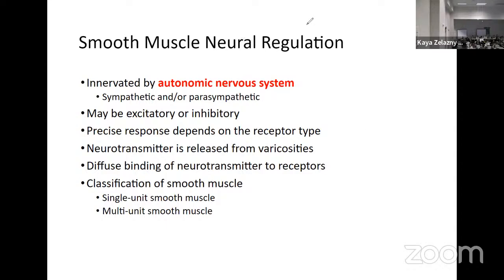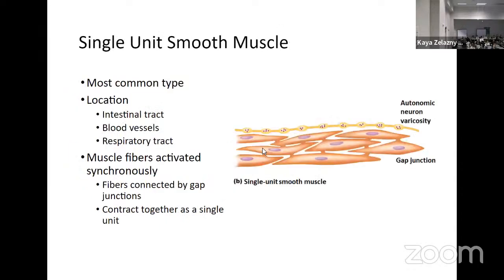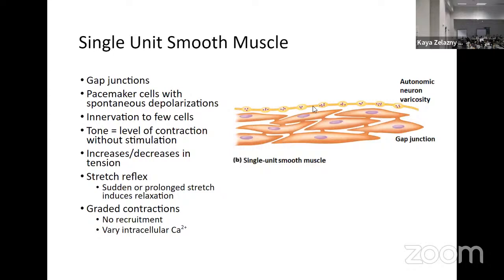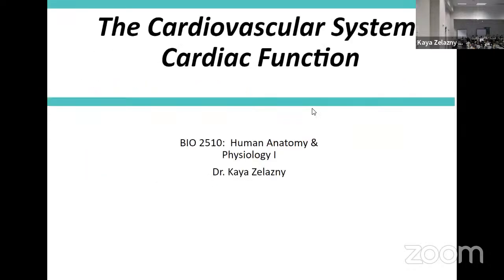So we're just picking these two pieces to know for now about smooth muscle. We'll come back to smooth muscle and how it's triggered and how it operates when we talk about the blood vessels. We're going to skip the difference between single and multi-unit smooth muscle for now.